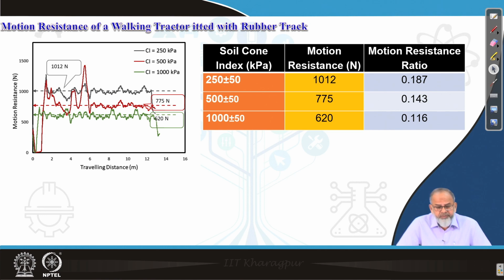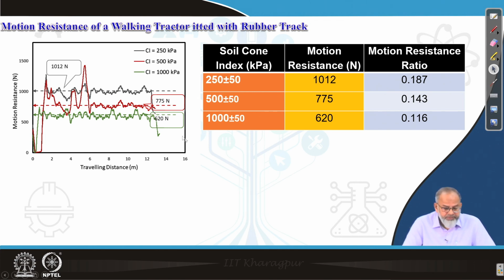Since the soil is soft, it may not sustain the weight of the track, so there might be some compaction and sinkage. That requires more force to tow the working tractor. When the soil is hard, the sinkage is less, so you require less force to tow it. That is why motion resistance is less in case of hard soil.